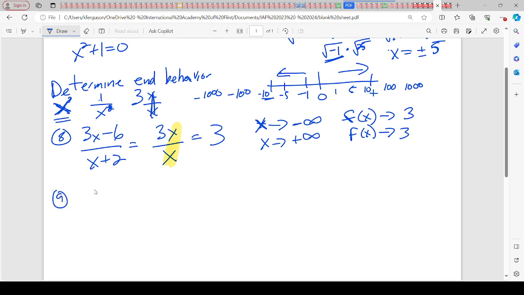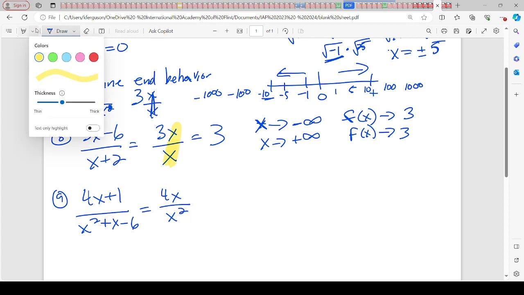Next, I have 4x plus 1 over x squared plus x minus 6. Again, all I'm going to do is focus on the highest powers of x. So on top, I've got 4x. On bottom, I've got x squared.